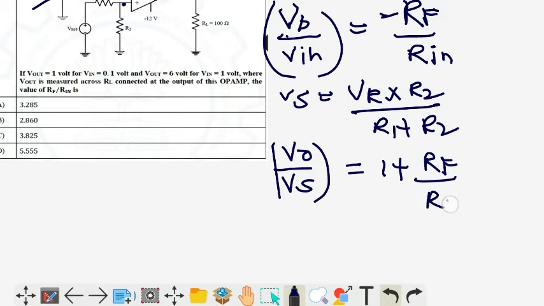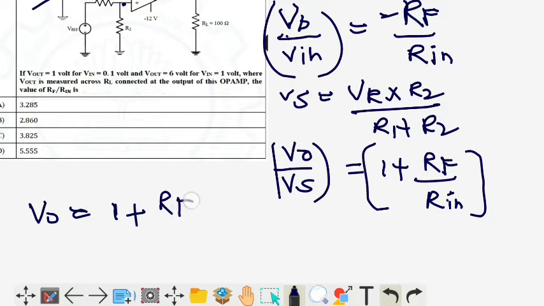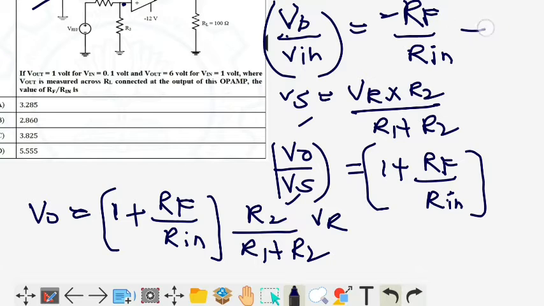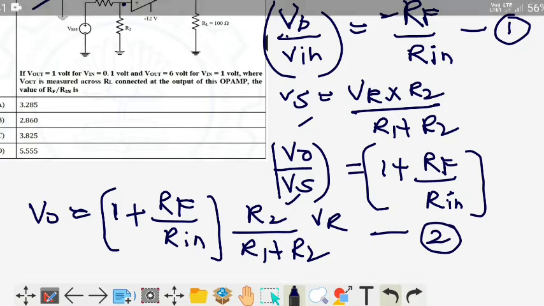And this is Vout by Vs, but we need Vout in terms of Vref. Vout is equal to 1 plus Rf by Rin into Vs, that is R2 by R1 plus R2 into Vr. So now this is one equation and this is the other equation, keeping one voltage at a time.